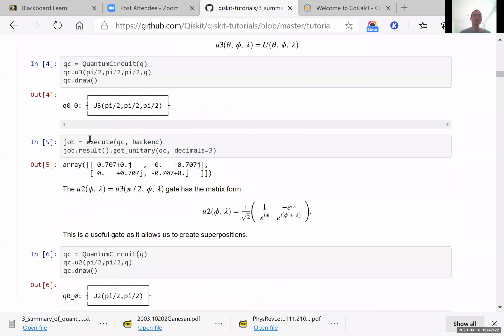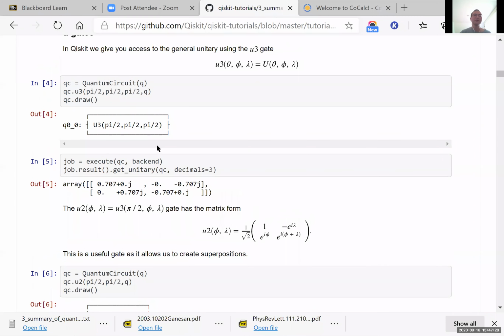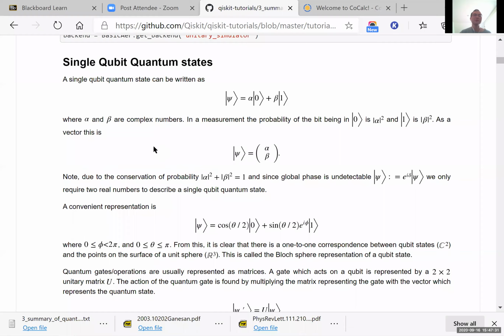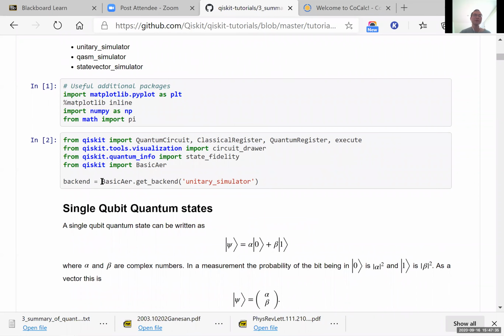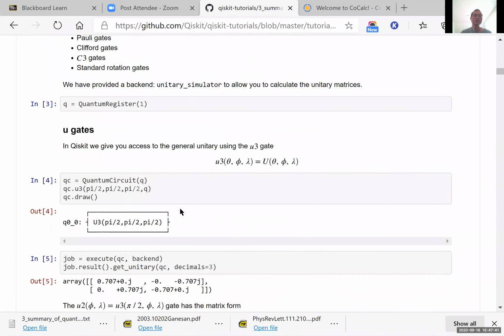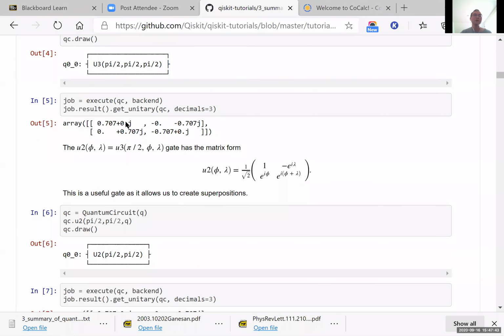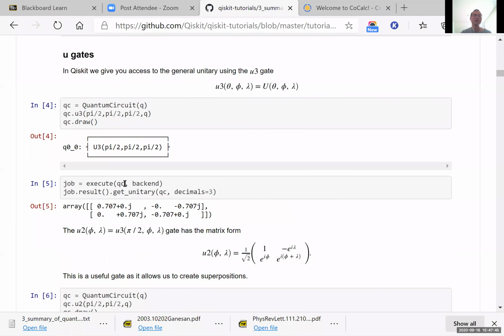You can execute this quantum circuit using the so-called backend. You need to select which device or simulator. In this case, they use a unitary simulator, and then they run this.